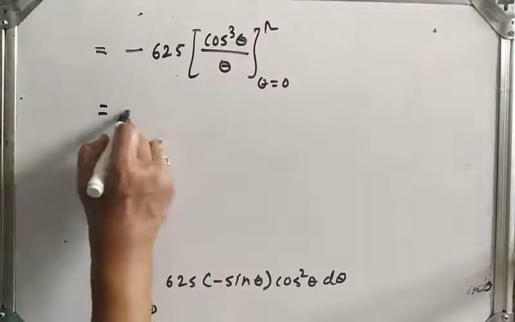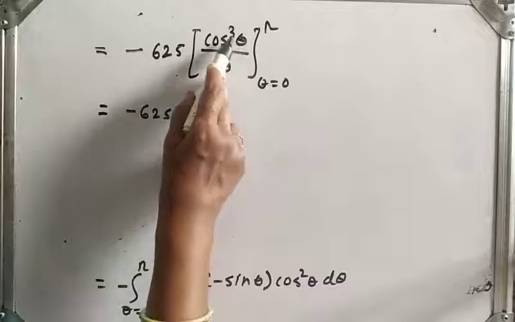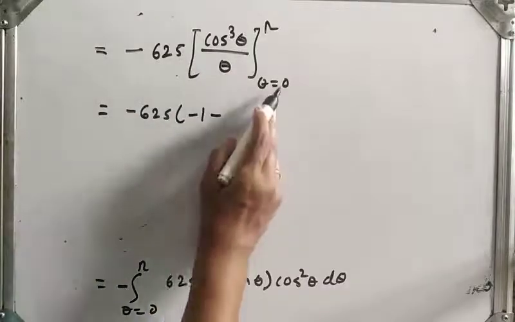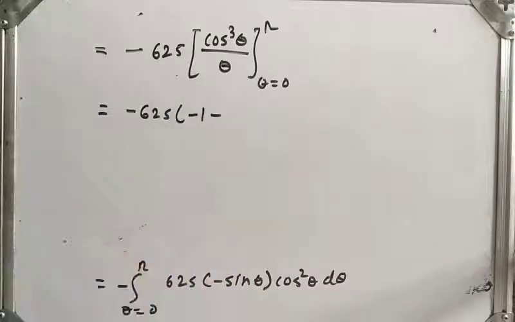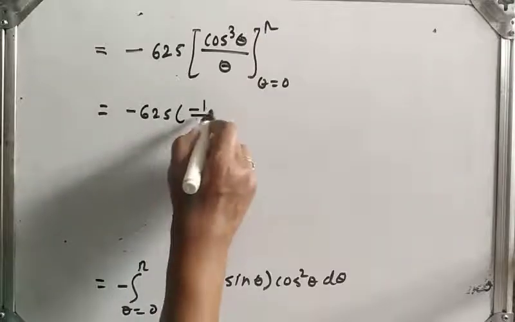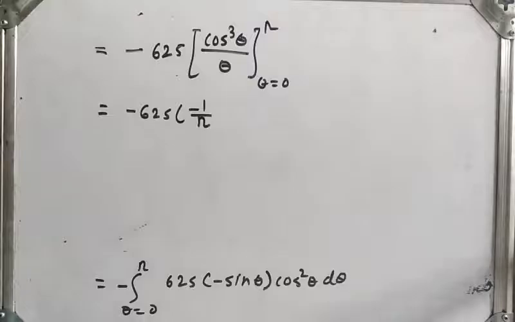Now let us apply limit, minus 625, cos pi is minus 1 and its cube is minus 1, again minus cos 0 is 1, so minus 1 upon 3.